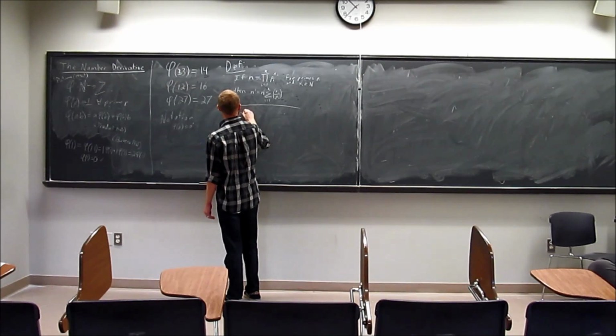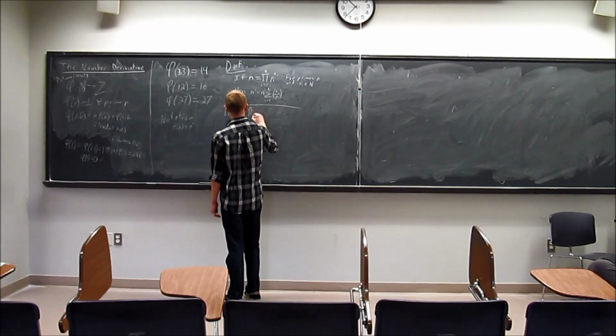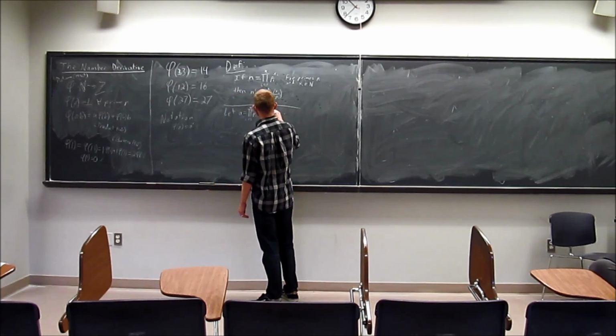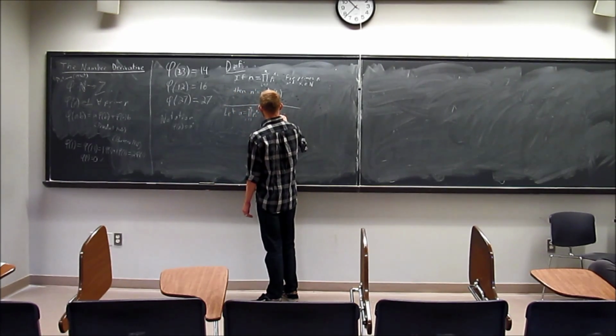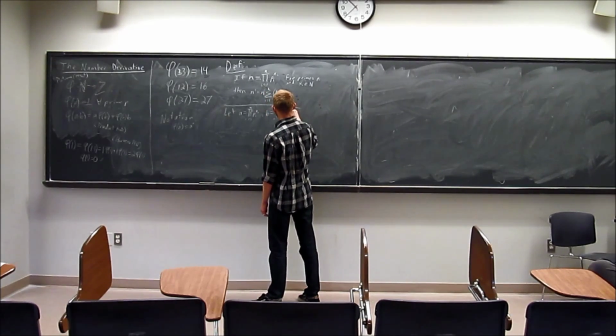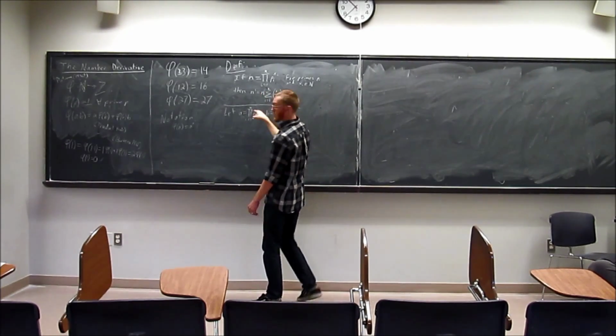Let a equal the product for i equals 1 to k of p sub i to the a sub i, and b equal the product for i equals 1 to k of p sub i to the b sub i. Now notice that these are the same case.